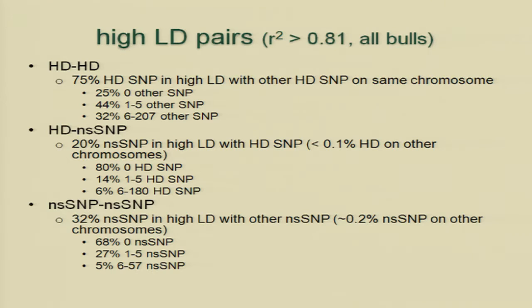Trying to characterize all the pairs that we did see in high LD, a correlation of 0.9 between genotypes would correspond to an R-squared of 0.81. 75% of high density SNPs have high LD with some other high density SNP, and about a third of them are highly correlated with several high density SNPs. 80% of the non-synonymous are not highly correlated with any high density, and a few are highly correlated with several high density.